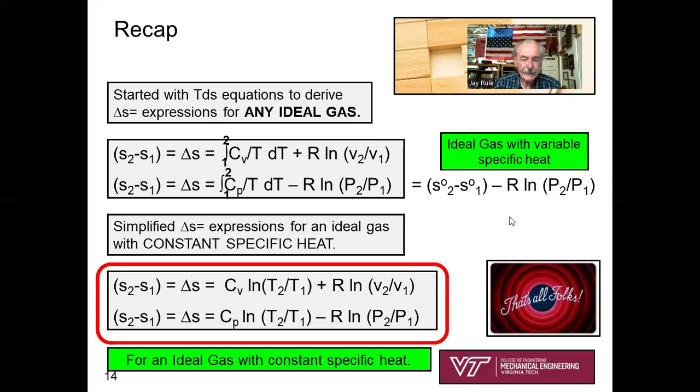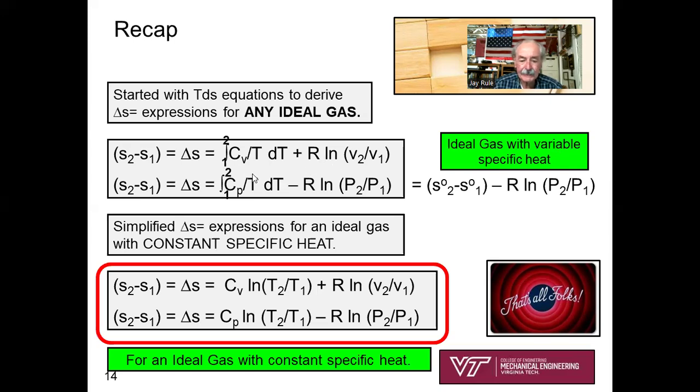Let's recap this important section. We started with the TdS equations, two of them, and our goal was to derive expressions for delta S equals. And we accomplished that with these two expressions that apply to any ideal gas, in other words, an ideal gas with variable specific heat.